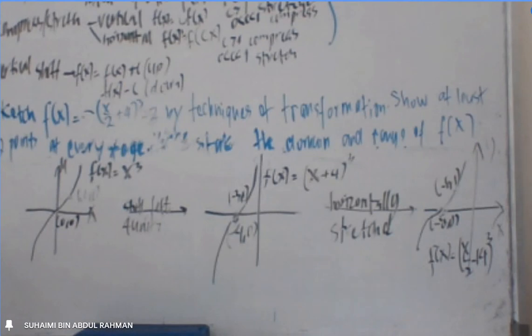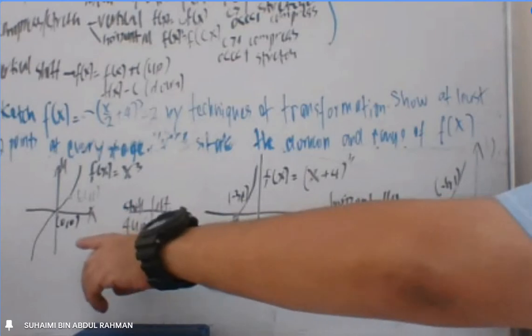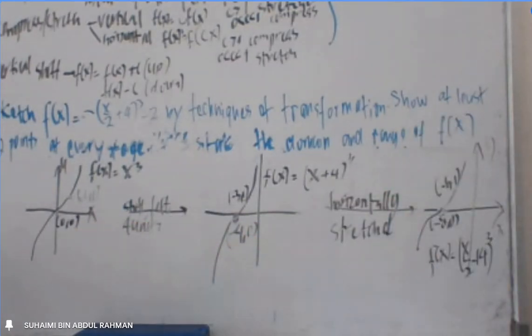Any question? These 2 points change, you see. We want to know point 0, 0 and then go to minus 4, 0 and then go to minus 8, 0 because of the process of transformations here.